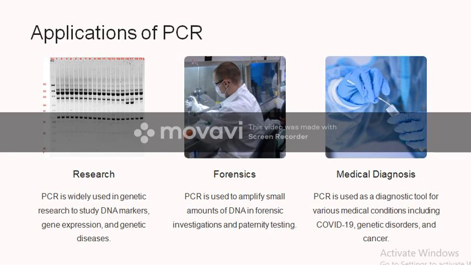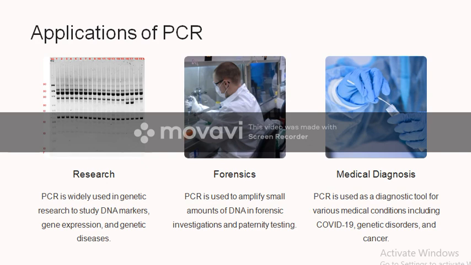Application of the PCR. PCR is used in research for the amplification of DNA. Let's say the sample extracted is in a small amount; the amplification is done by the PCR. And to study DNA markers, that is, to understand the primers, we use the polymerase chain reaction. Forensics. In forensics, the DNA sample obtained at the crime scene is used for amplification.